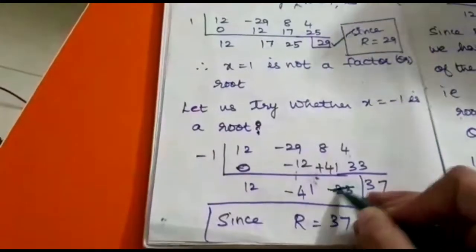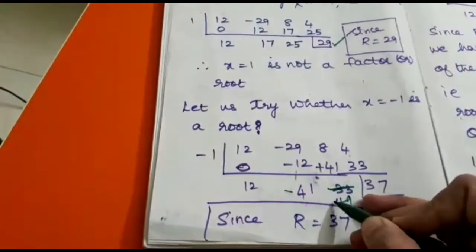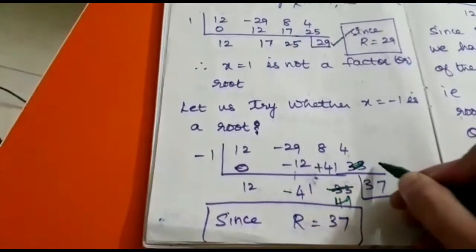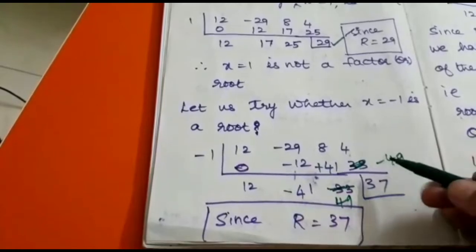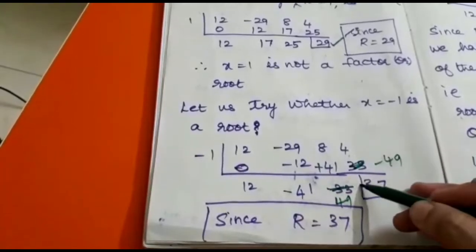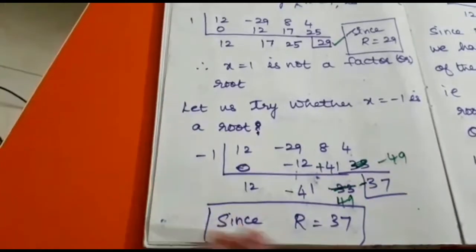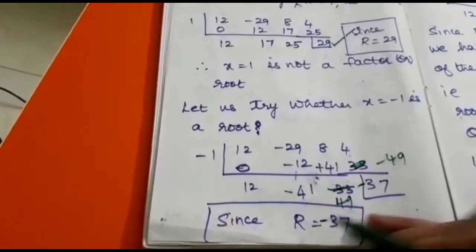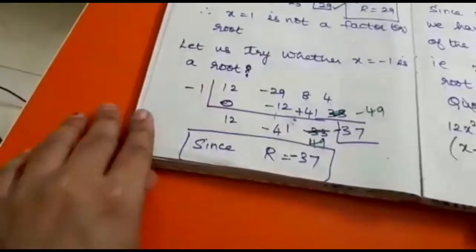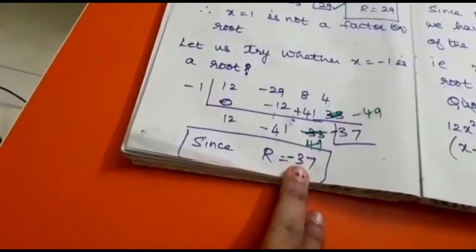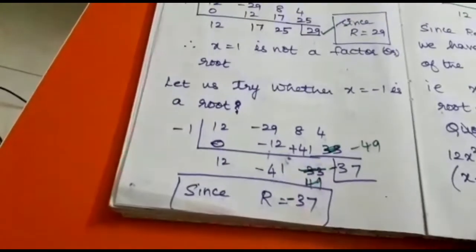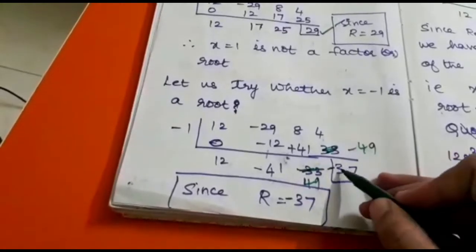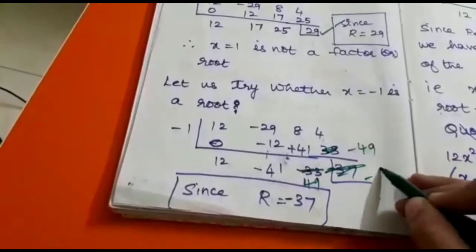This is 49, minus 49. So anyway I am not getting the remainder as 0. Sorry, minus 49 minus 4 is minus 45.